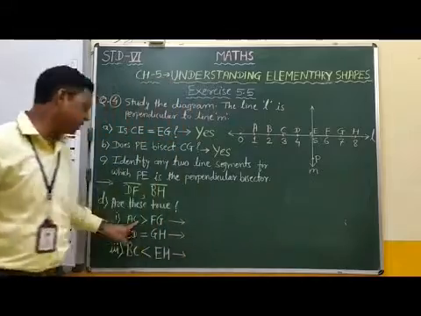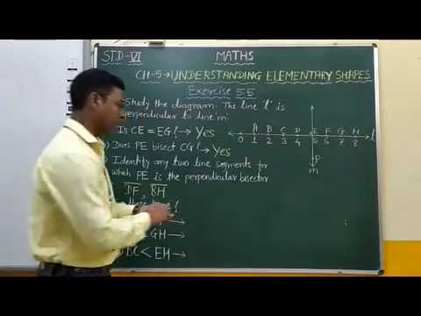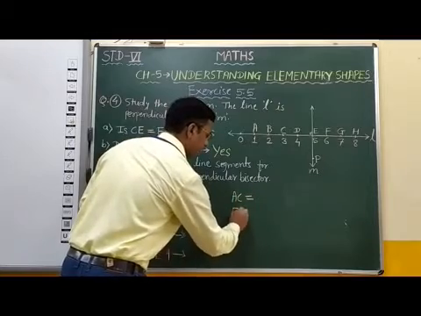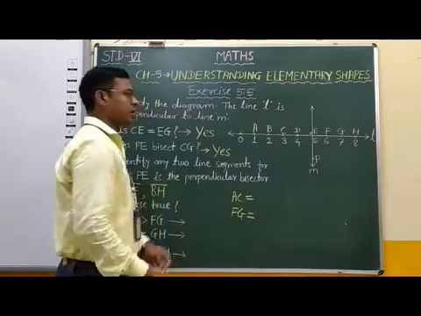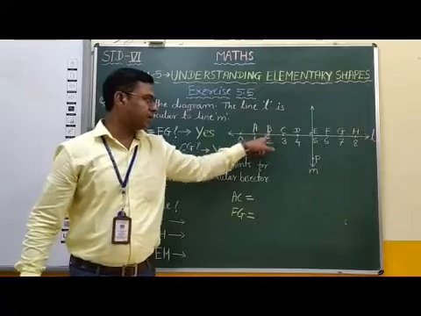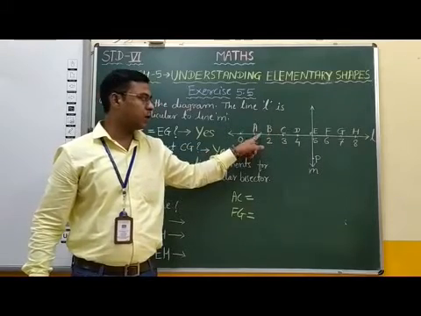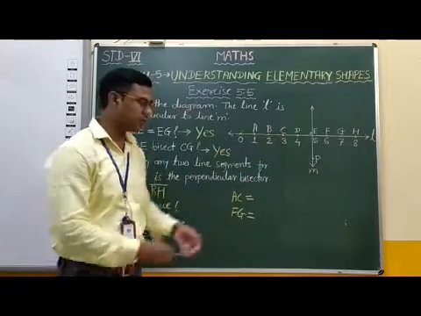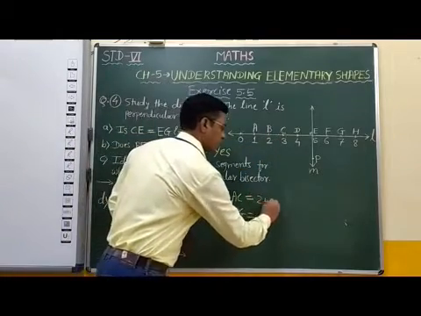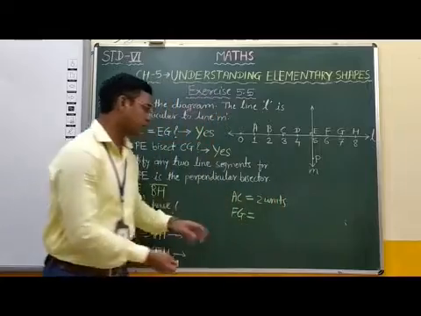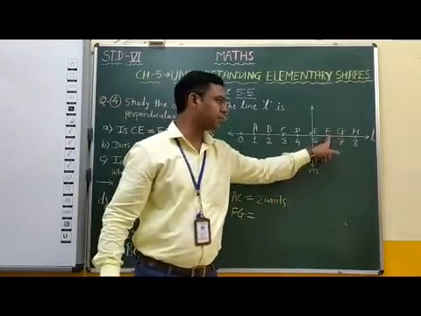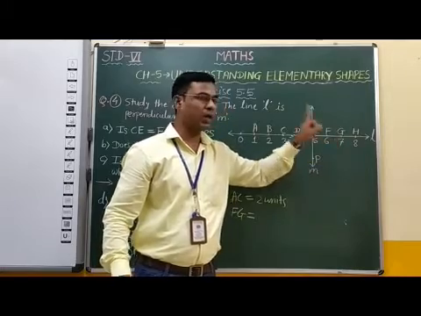If you take AC, the length of AC is equal to 2 units, and the length of FG is only 1 unit.